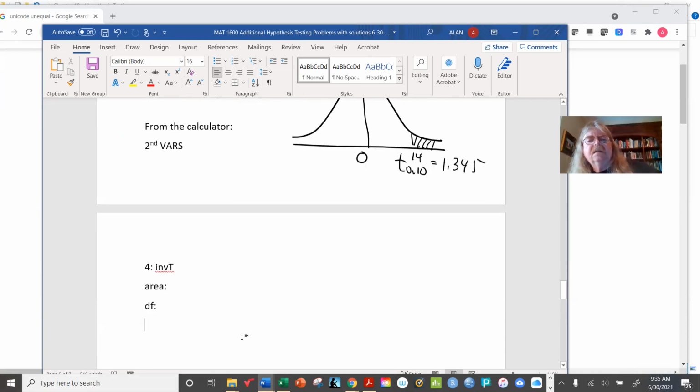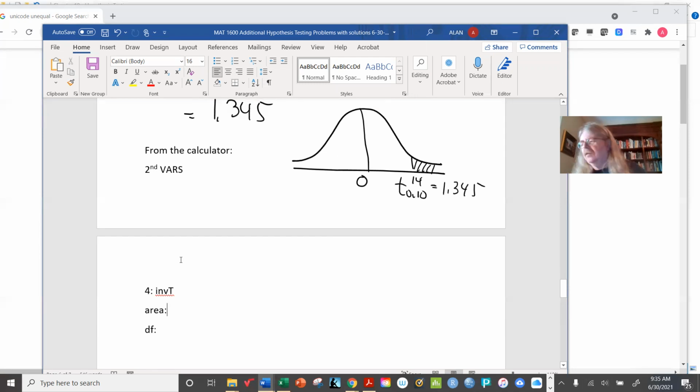So make area 0.90, everything below that point. Now the right tail, remember, has an area of 0.10. Everything below that is 0.90. And that's what INVT is looking for, the area below, not above. Okay, so 0.90. Degrees of freedom is 14 because the sample size is 15, and it's n-1.